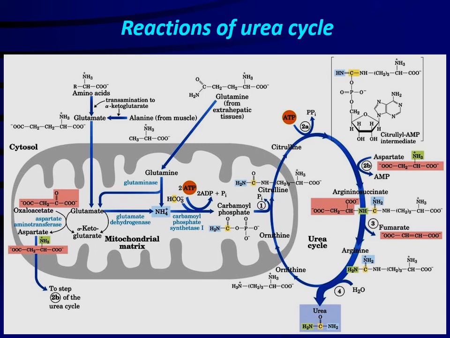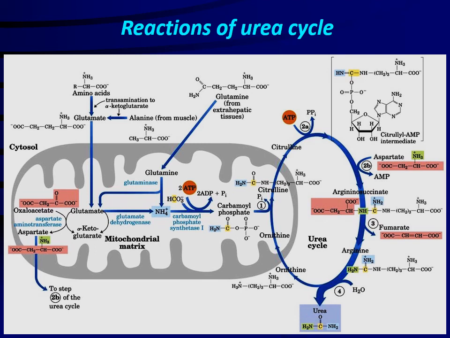Carbamyl phosphate synthetase is a regulatory enzyme of the urea cycle. It requires N-acetyl glutamate as a positive modulator. Carbamyl phosphate may be regarded as an activated carbamyl group donor.